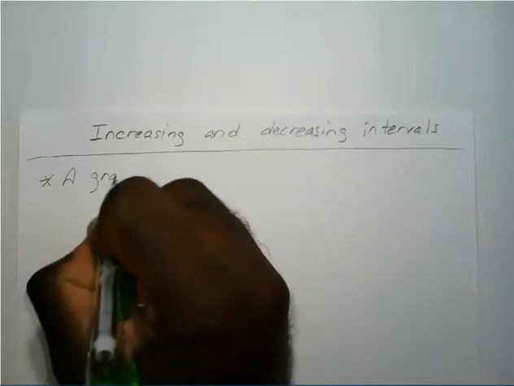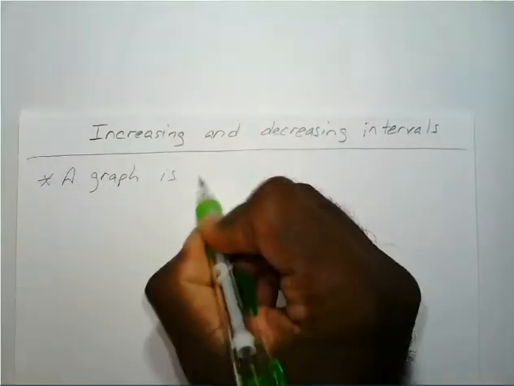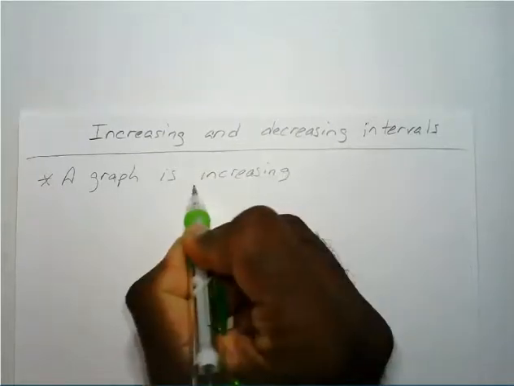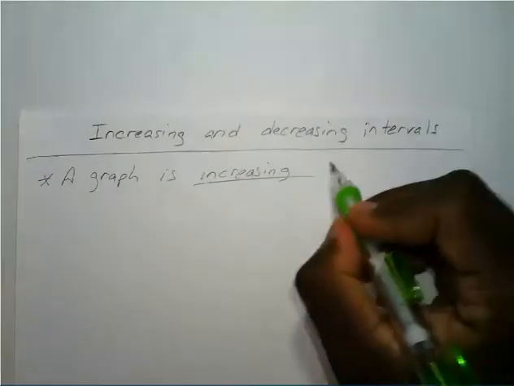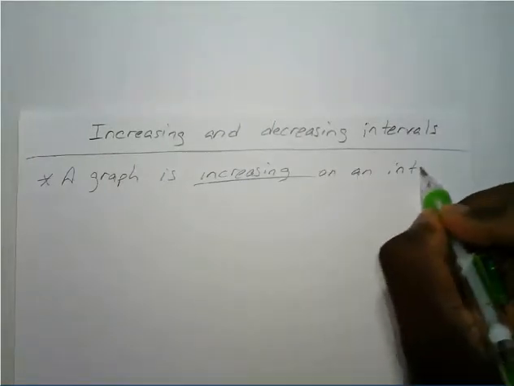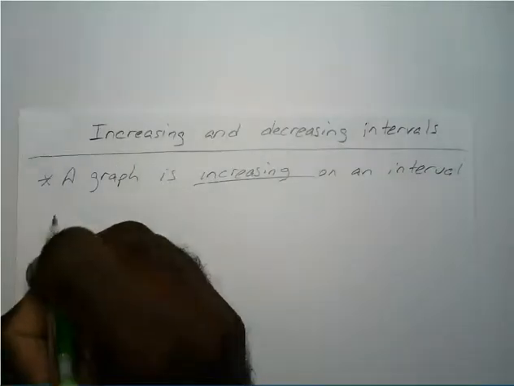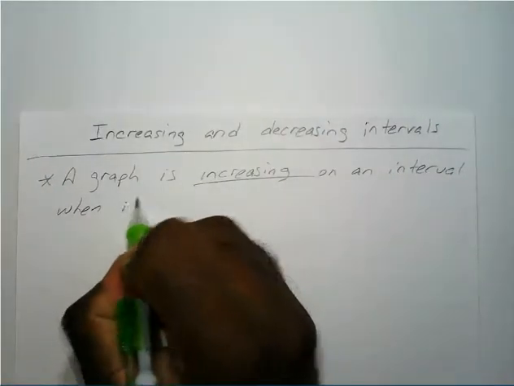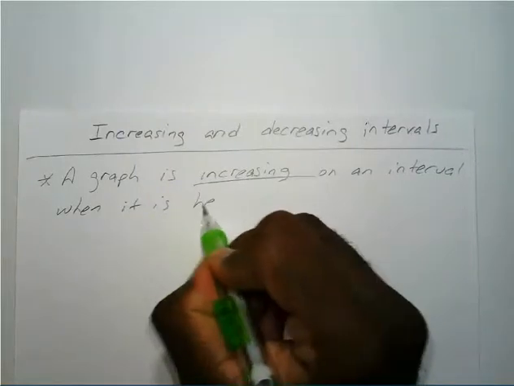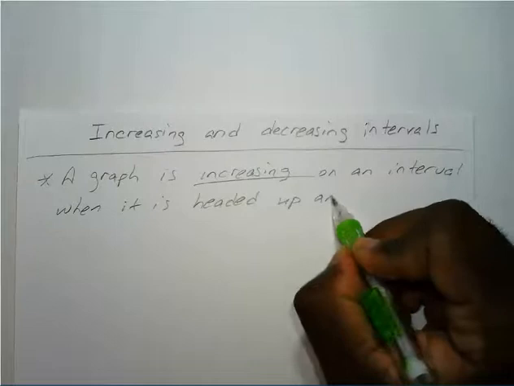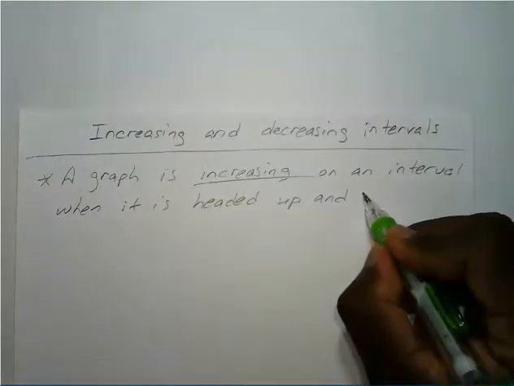a graph is increasing on an interval when it is basically headed up and to the right.